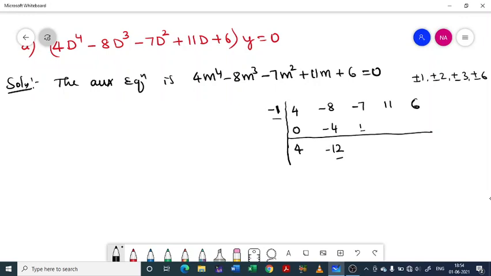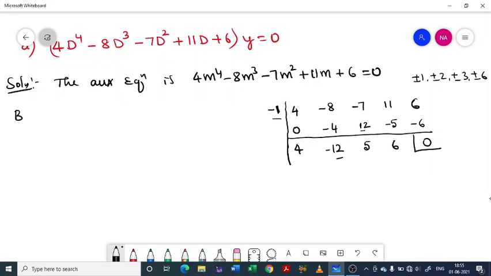So it is plus 12. Minus 7 plus 12, 5. Again 5 into minus 1 you get minus 5, that you write here. So 11 minus 5 you get 6. So 6 into minus 1, minus 6. So you got 0. If you get 0, that means minus 1 is one of the roots.